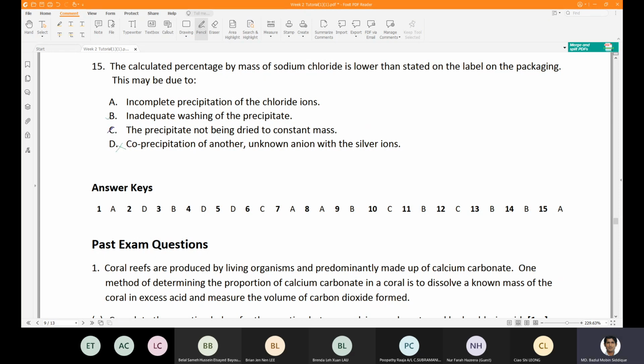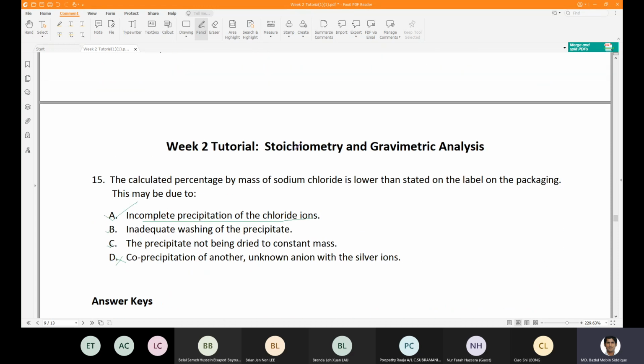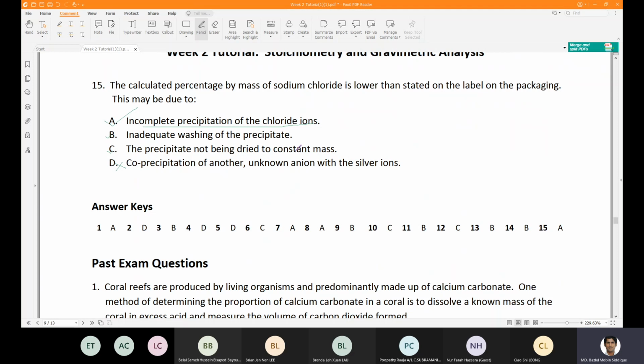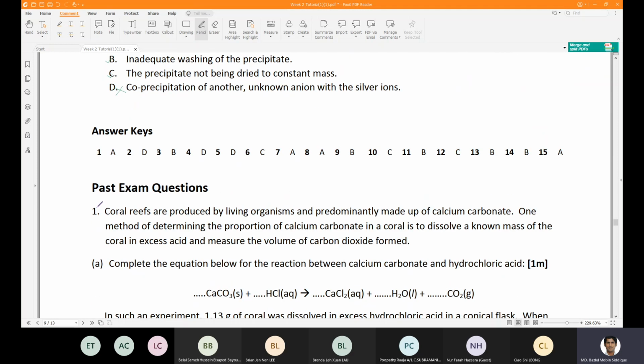These two look good, but the most important problem is incomplete precipitation. That means when we precipitated, the chloride is not 100% precipitated. That's why it shows less than what is written on the packaging, right?